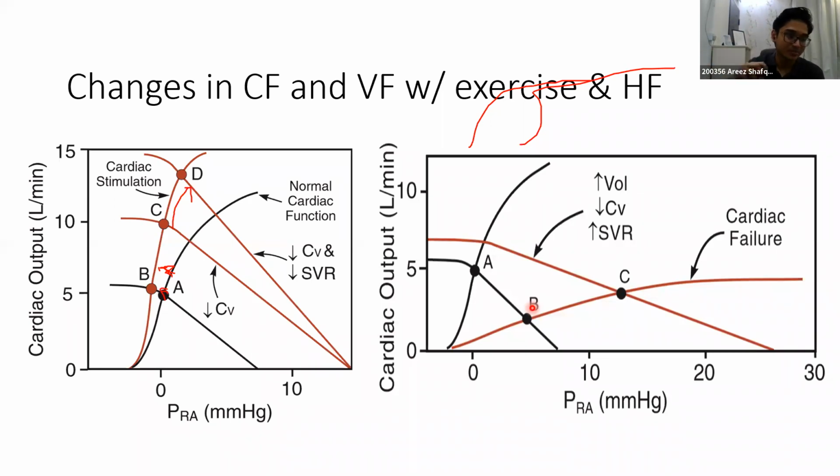If cardiac output drops, the mean arterial pressure will drop. If the mean arterial pressure drops, the sympathetic system is activated. The sympathetic does two things. Firstly, it venoconstricts. We said that if you venoconstrict, you shift the venous return curve to the right by increasing PSF. So this shift of the venous return curve to the right is because of venoconstriction, okay?